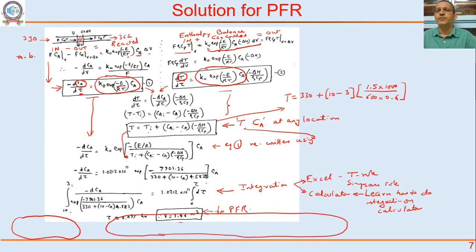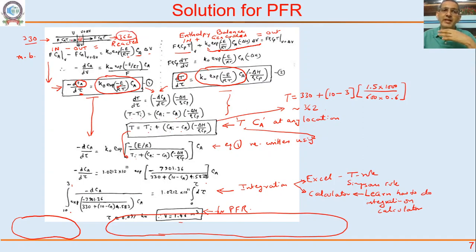Right? Some 40s into 7, 28, 29. Right? So T out will be 362.1, whatever that value is. So inlet is 330, outlet is 362.